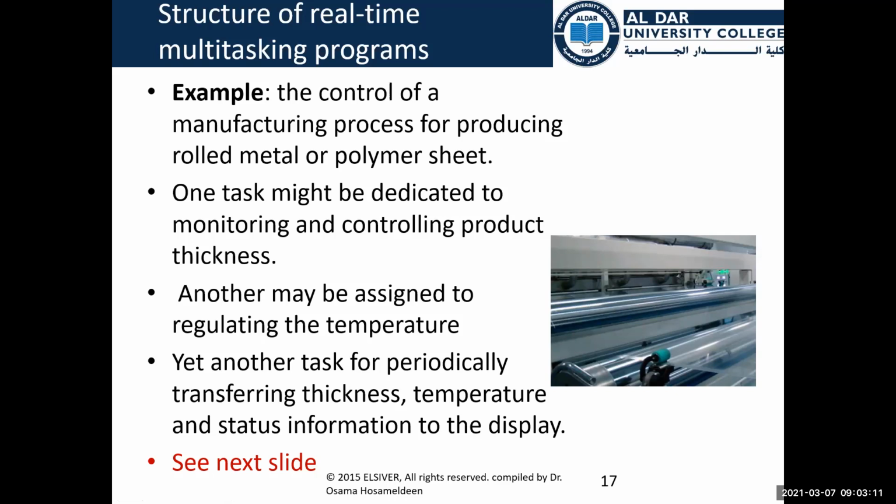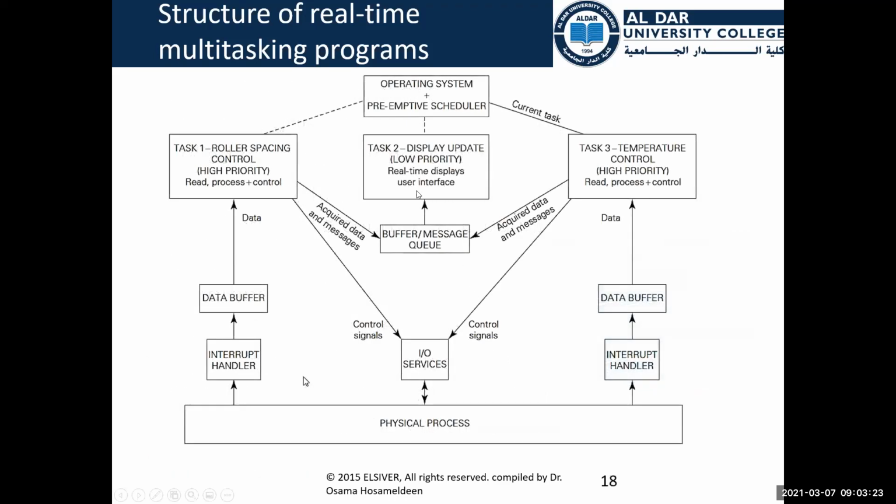And this is some kind of physical world, and we have the CPUs dealing with that physical world. If we move to the next slide, we have task one, which is spacing control. Spacing control means the thickness of the sheet, and task three here is temperature control, that controls the temperature of the sheet.